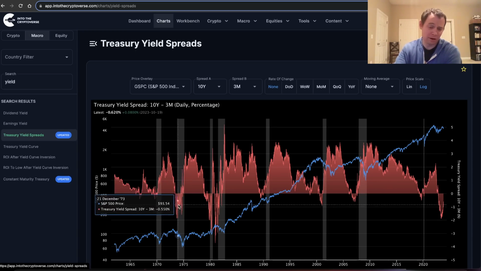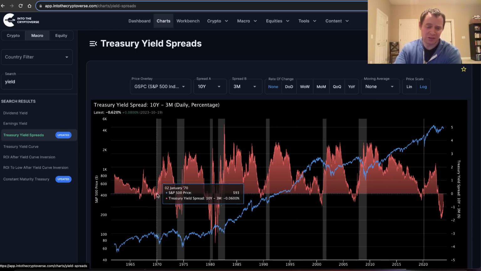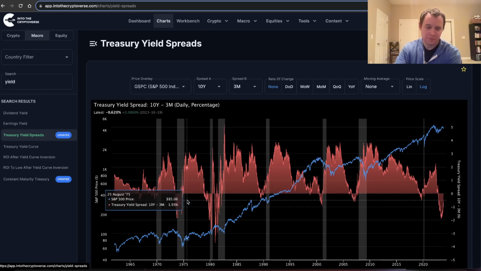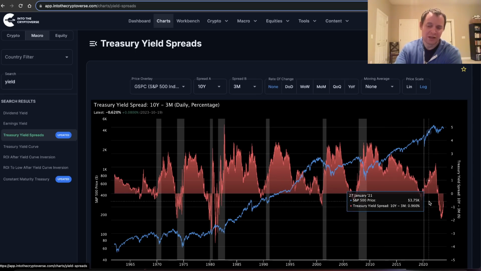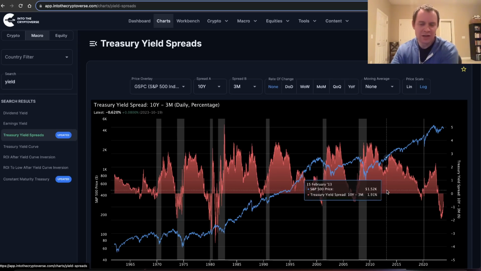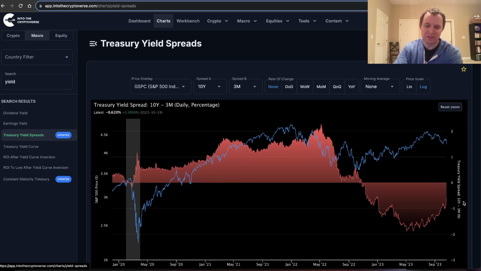There were prior times during high inflation where the recession occurred still during the inversion phase. So we might not even have an uninversion before a recession. In fact, oftentimes it's when people think we've accomplished a soft landing that a hard landing might actually happen, once no one thinks it's going to happen.